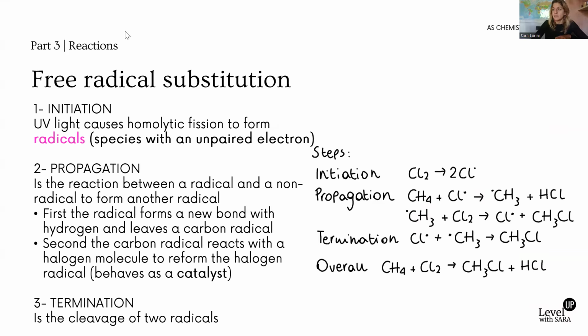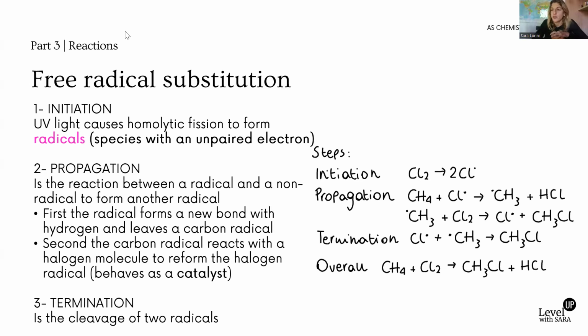The first mechanism, not mechanism, but the first reaction that you do need to know, and that it is assessed in more complex exam questions, is the free radical substitution. And if you know the basic steps, then no matter how difficult the question is, which functional group you have, which number of substitution you have, you can always work this out, okay?